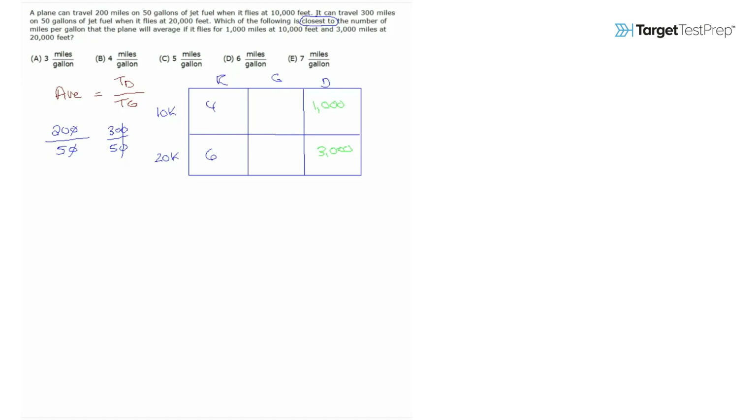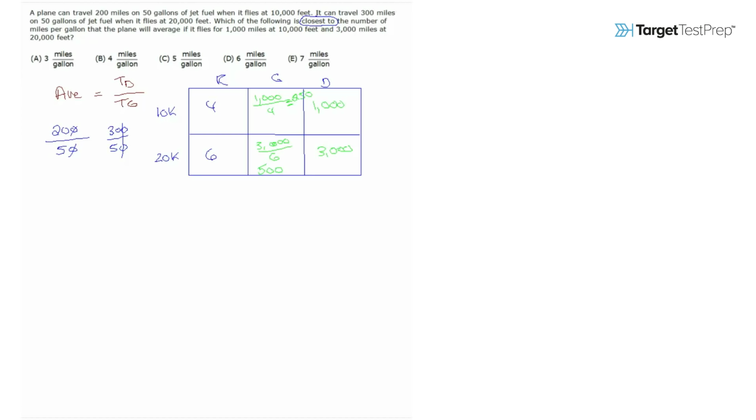So what we have to do here is we once again need to strategically get our gallons, and unlike the last problem, we have all the numerical values here, so we're going to be able to do this out. This gives us 250 gallons at 10,000 feet, and then of course 3,000 divided by 6 gives us 500 gallons.